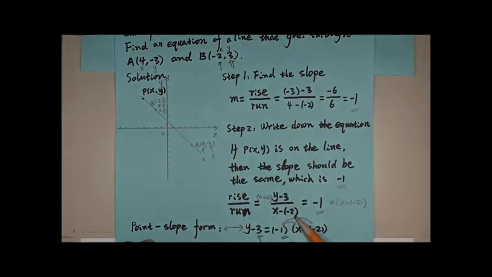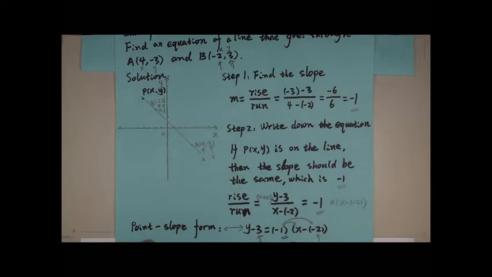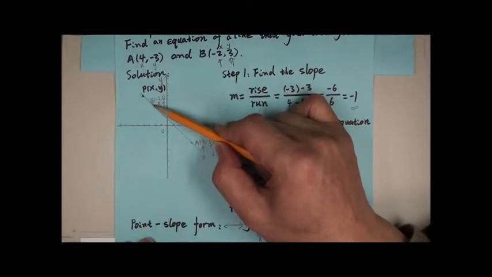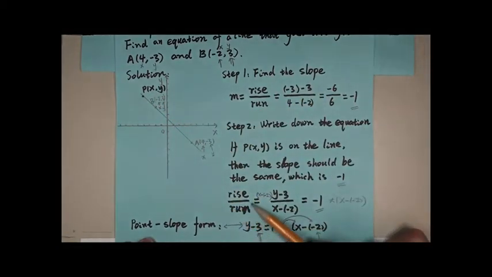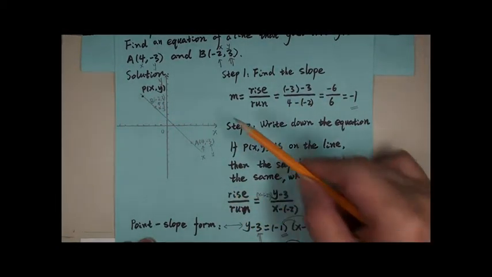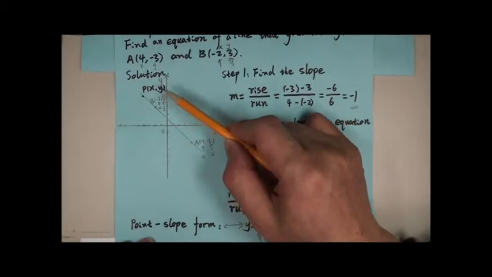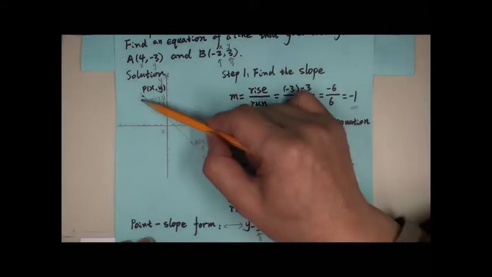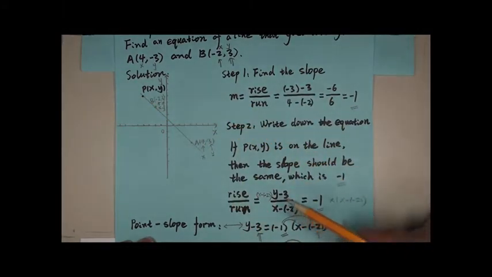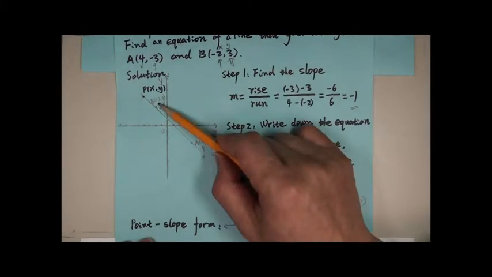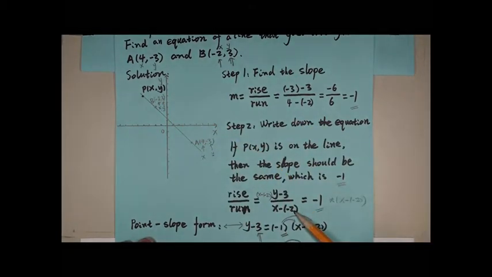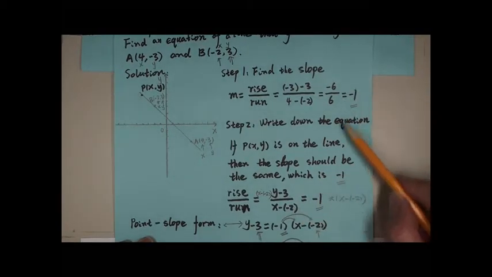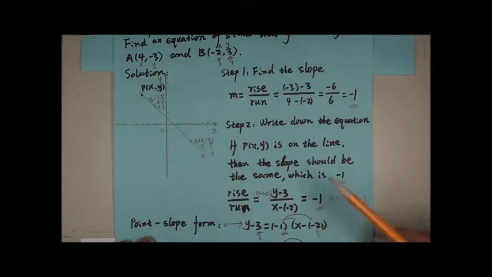So if you choose those 2 points, P and B, and calculate the slope, rise over run, still should be negative 1, equals this slope.